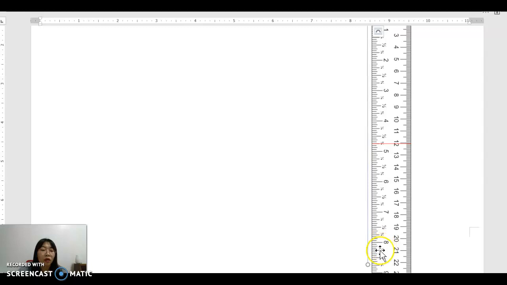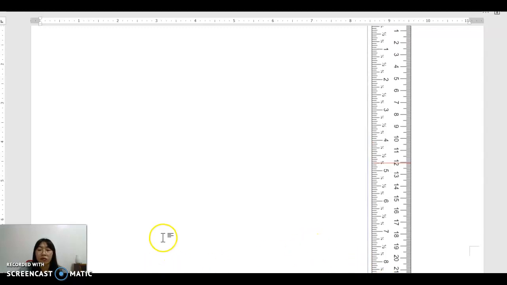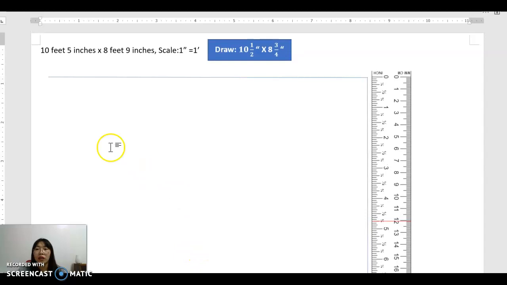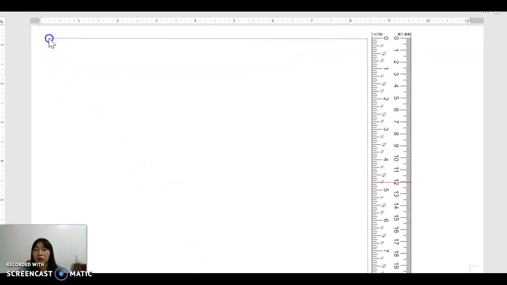So 1, 2, 3, 4, and 3/4 is right here. And now we need to complete these two sides.